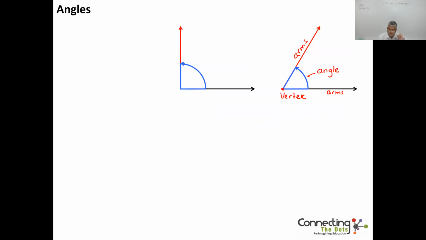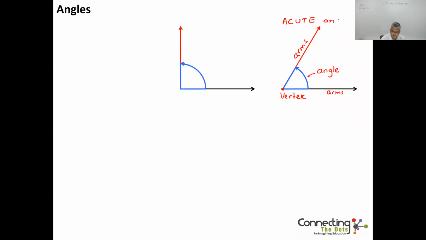So there are 2 angles given on the screen. What is the difference between them? Yes, the second one looks like a 90-degree angle, right? So this one is less than 90 degrees. Do you know the name of angles which are less than 90 degrees? They're called acute angles.